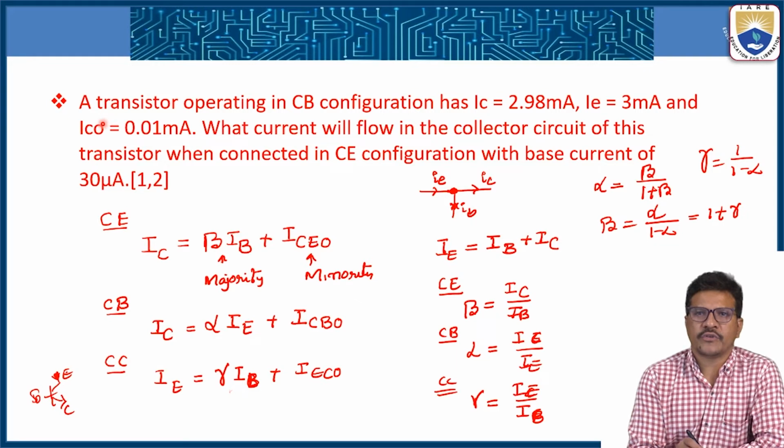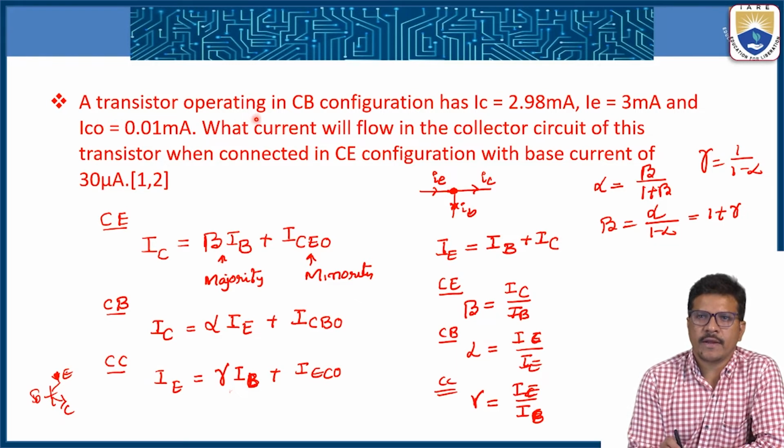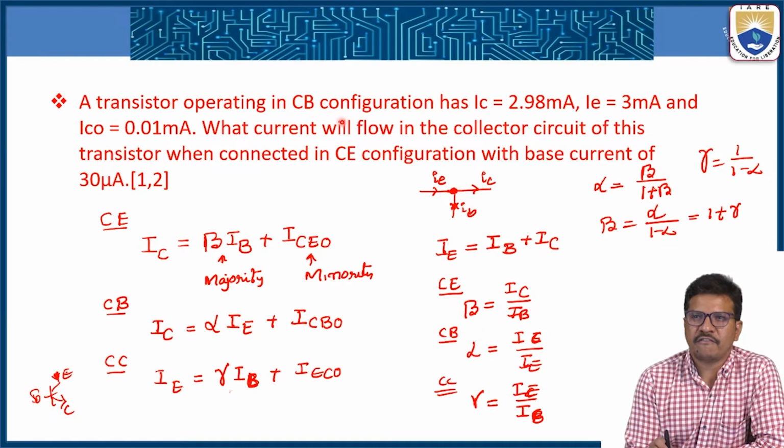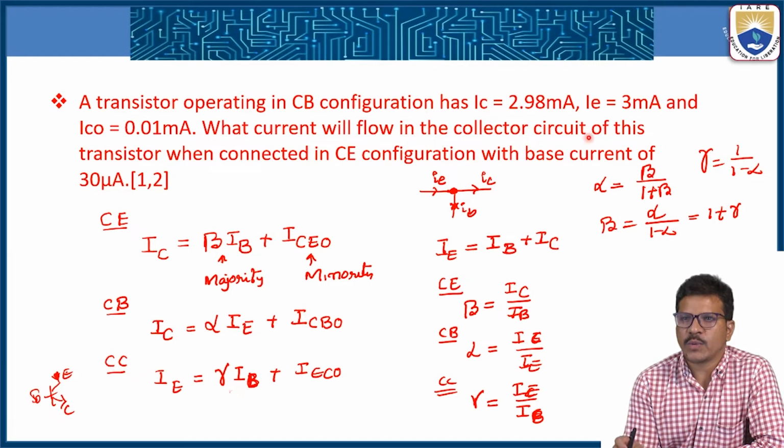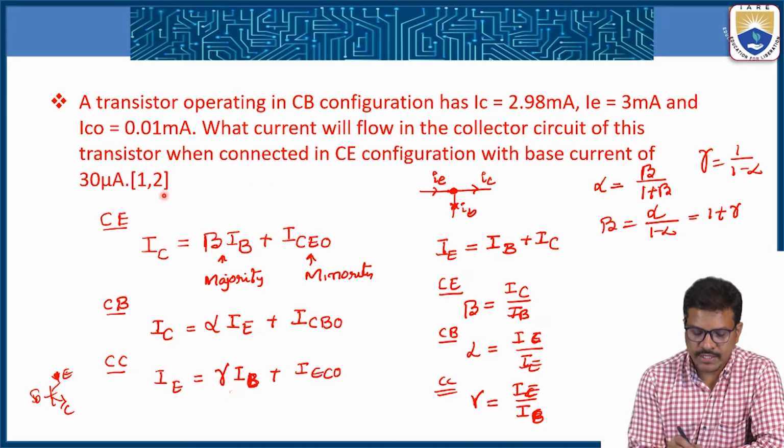A transistor operating in common base configuration has IC equal to 2.98 milliampere and IE equal to 3 milliampere.